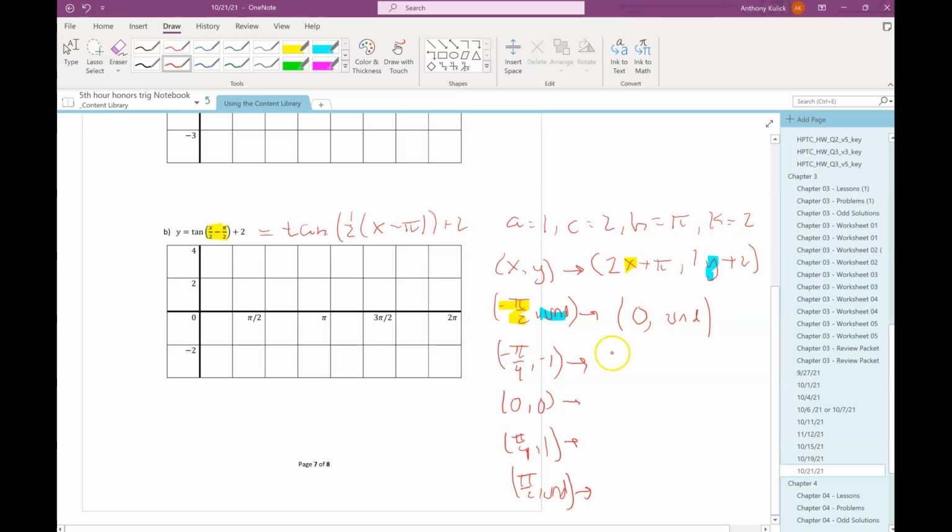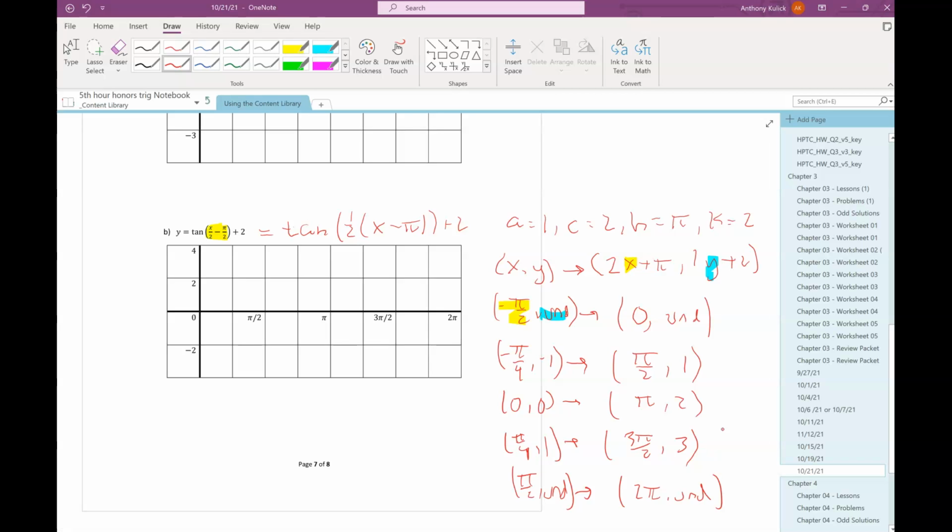And I have pi over 2 and 1. Then I have pi and 2, and 3 pi over 2 and 3. And then I have 2 pi and undefined. Okay so far, Evan? Yeah.